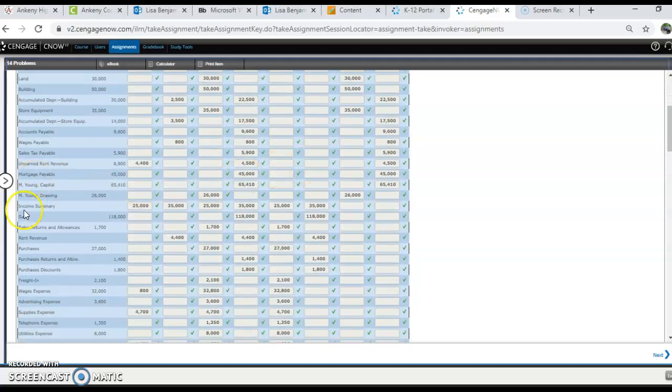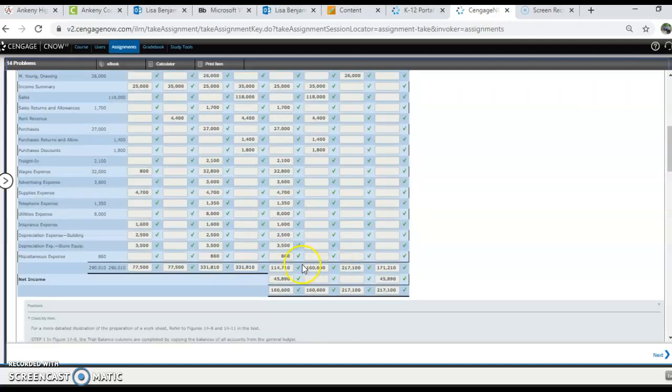So I also like to use the income summary as kind of a dividing line. If it's above income summary, it goes to the balance sheet. So you're just copying these amounts over here. If it's below income summary, they go to the income statement. Remember that income summary is the only one where both numbers get carried across. And then we find our net income when we're done. Remember that these don't match up.